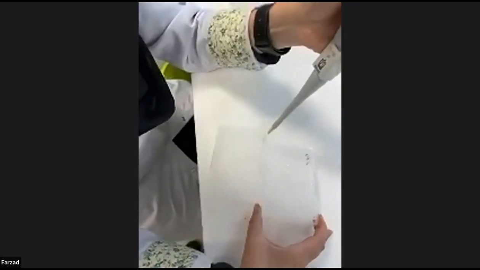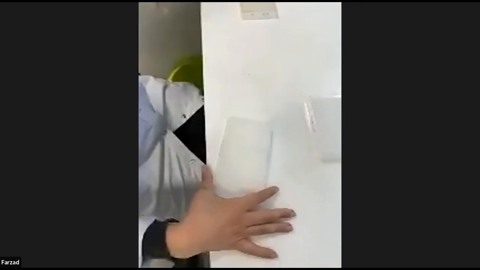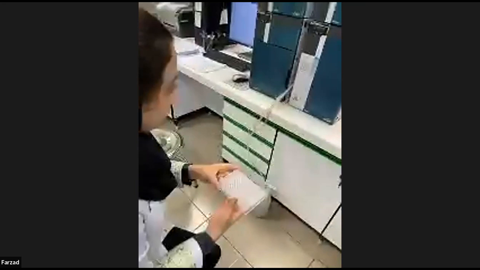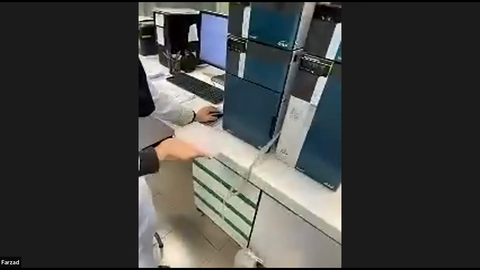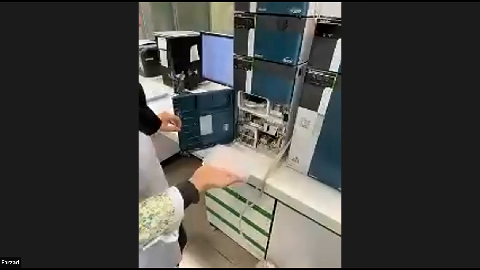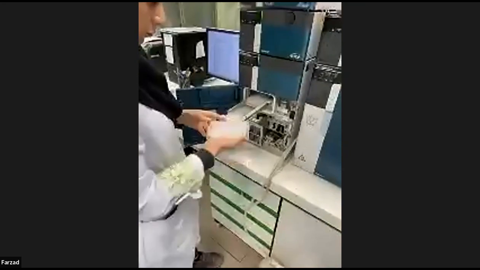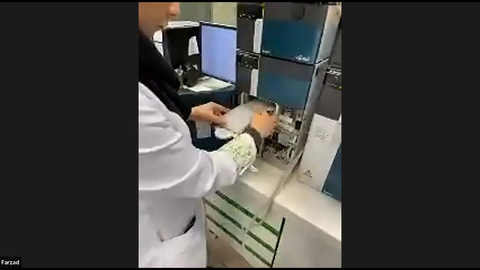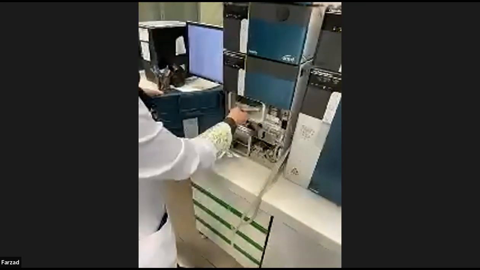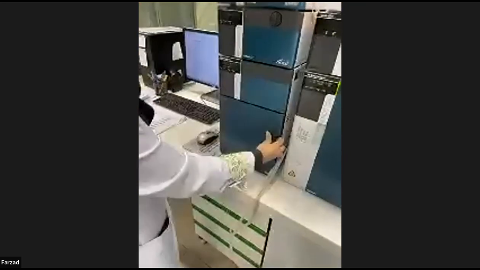At the end of this process, we have the samples ready to be injected. As you see here, the samples are placed into the auto sampler of the machine, and with the sequence which has been written before, we can start injecting the samples to the machine.